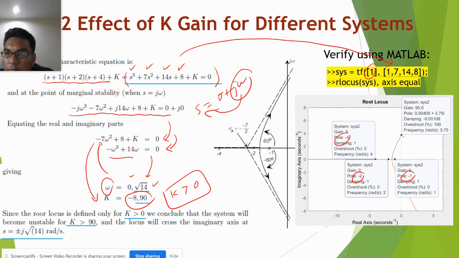You can also confirm the crossing of the imaginary axis at the intersection point, where you get the value of 90. You can confirm it by plotting here and here, so that this is below 90 and this is larger than 90. So that's the example of how you can plot it.